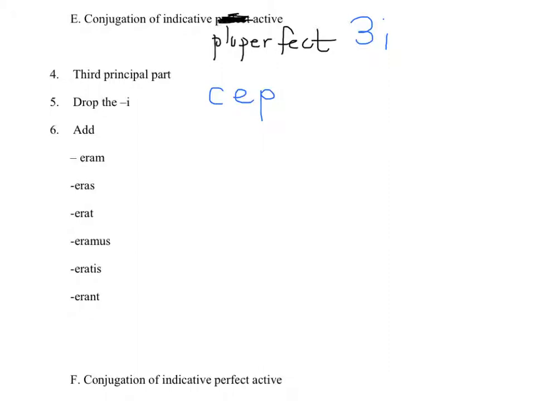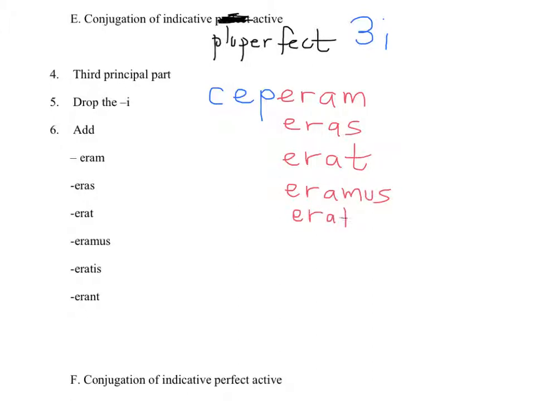And then you add, just like you did for the third and the second and the first conjugation, eram, eras, erat, eramus, eratis, and erant. No surprises there. You translate it as you normally would: I had captured. That's how you translate the indicative pluperfect active.